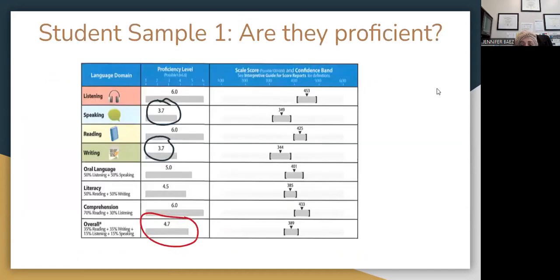So let's look at a typical test result so you can see what it kind of looks like. As you can see, you have the 4 domains: listening, speaking, reading, and writing. Then you have the oral language score, literacy, comprehension, but then the overall.